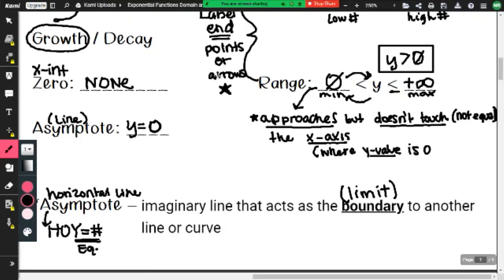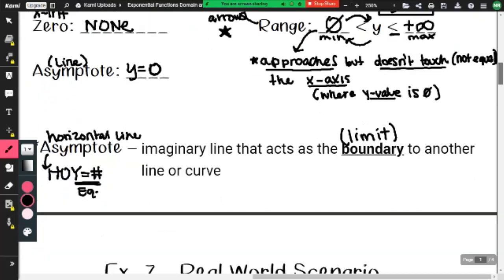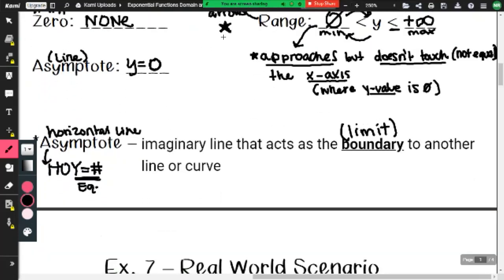It approaches but doesn't touch, meaning it's not equal. That's why we don't underline it. We're using the number 0 because every point on the x-axis is 0. You could also see that with the Desmos. Give me a second. Everybody got this?